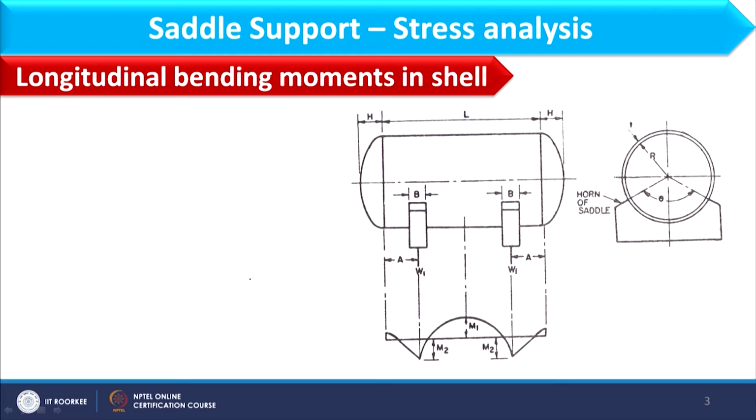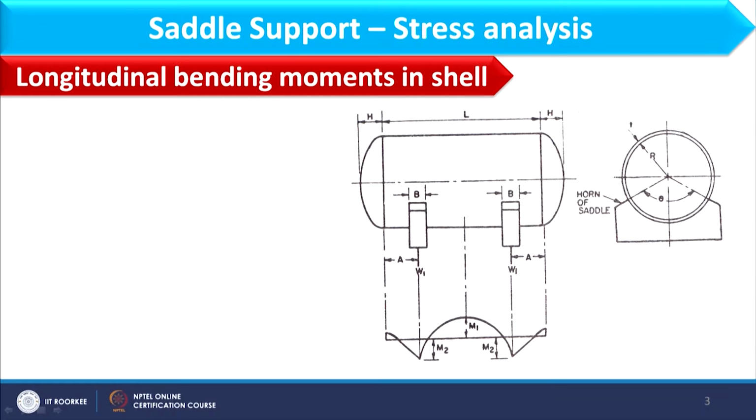Further we can see that these longitudinal stresses are available in the shell. So whatever stresses are available in the shell should be supported by the saddle. In this case, as far as longitudinal bending moment is concerned, we focus the discussion on the shell.